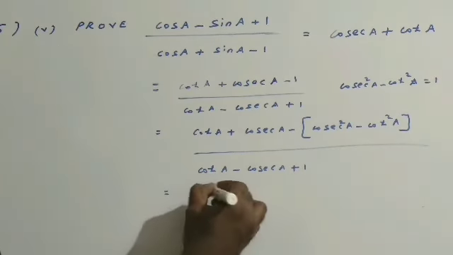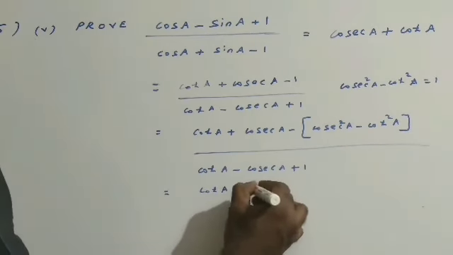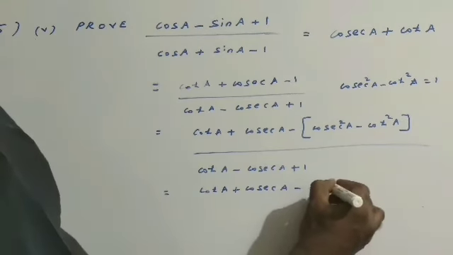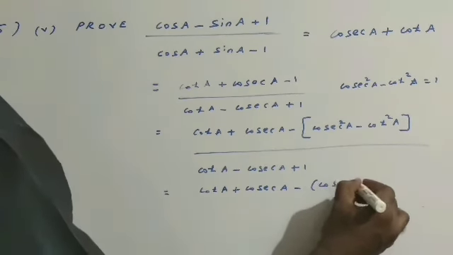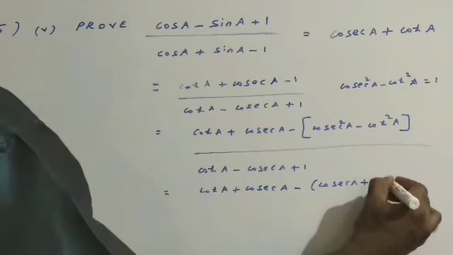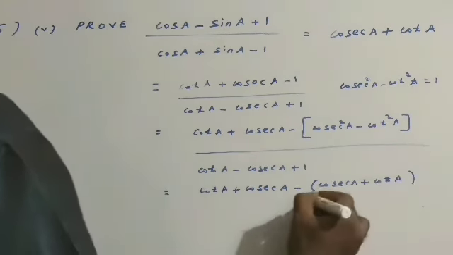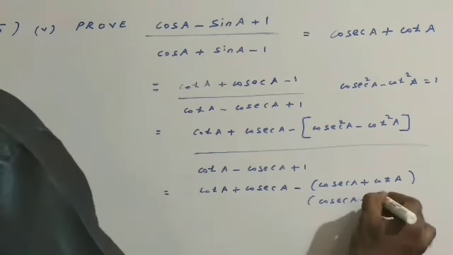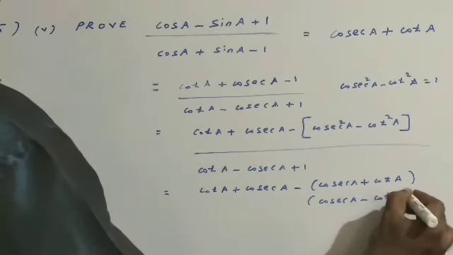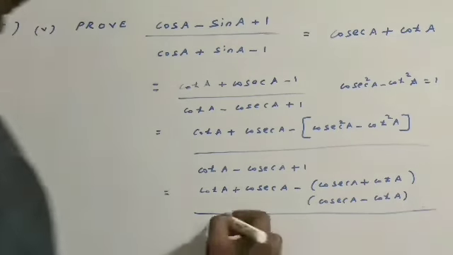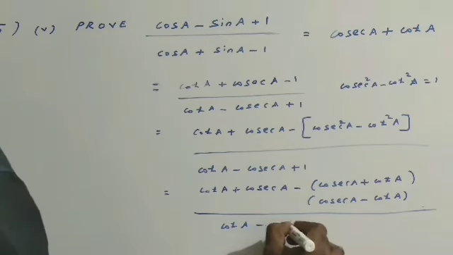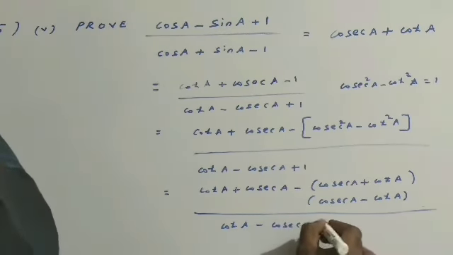So cot A plus cosecant A, minus, cosecant A plus cot A into cosecant A minus cot A, whole divided by cot A minus cosecant A plus 1.